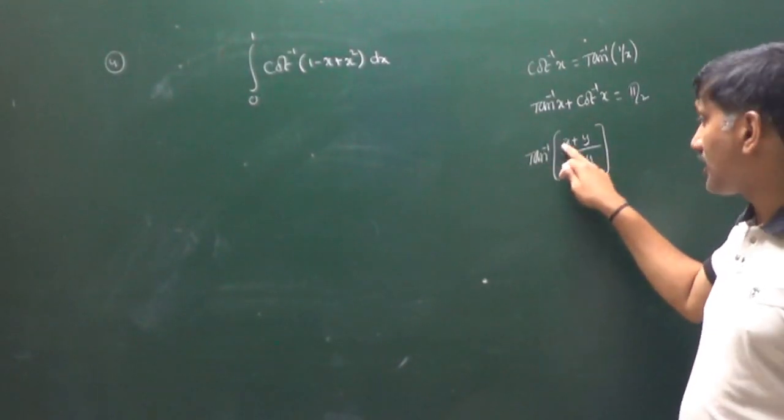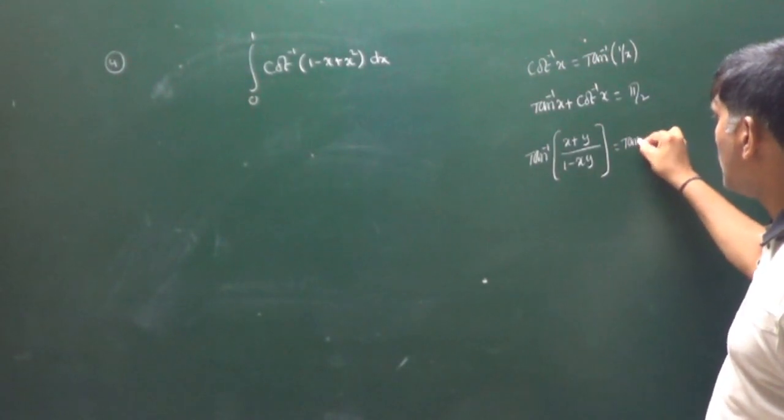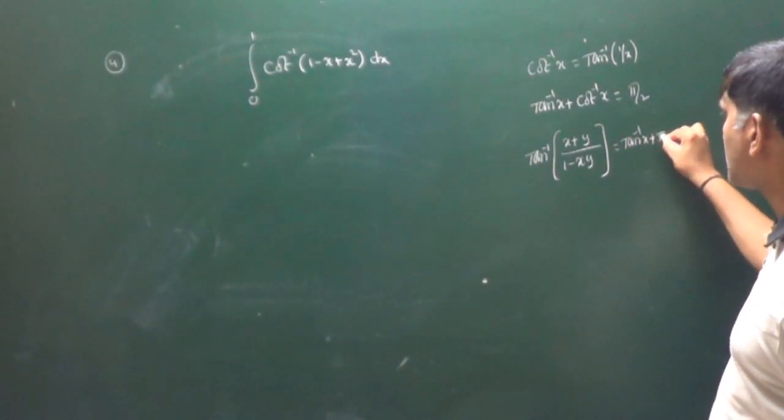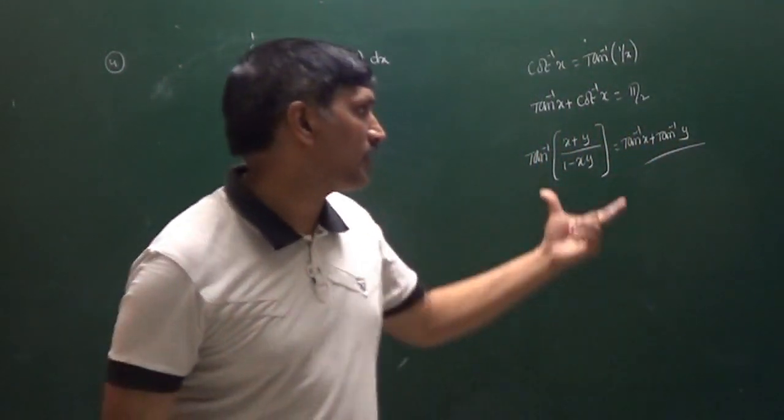And one more piece of information is that tan inverse of x plus y divided by 1 minus xy we can write as tan inverse x plus tan inverse y. It is not so difficult to remember this particular information.